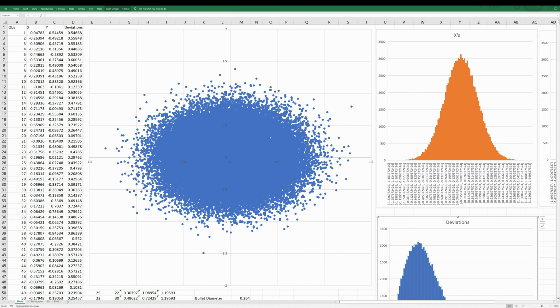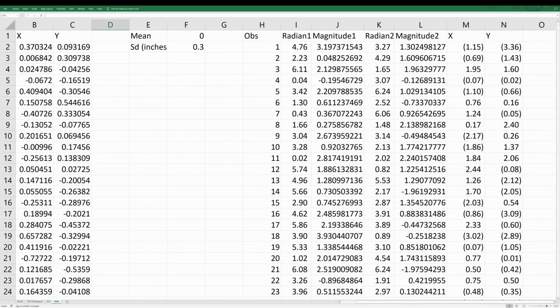So in my simulation, the underlying variables are x and y coordinates, and both are generated independently with normal distributions. What he's doing seems to be generating a random direction, and here I've got a column with radians, and that's going to be a random angle. And then he's generating a random magnitude.